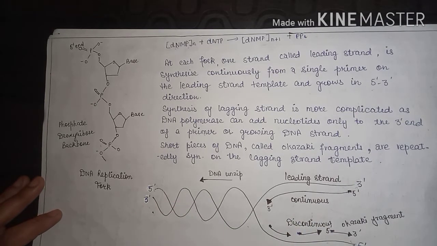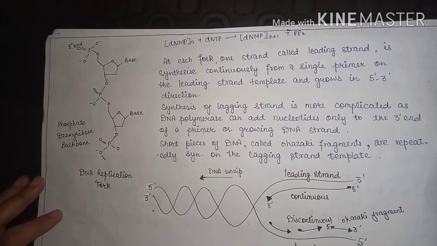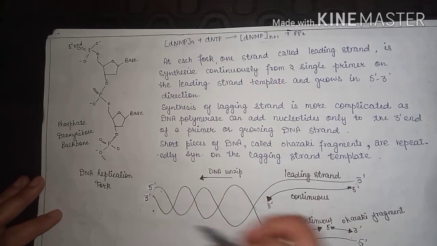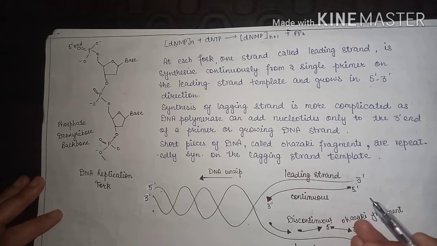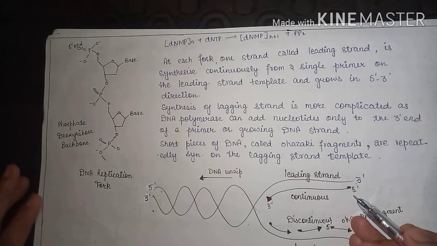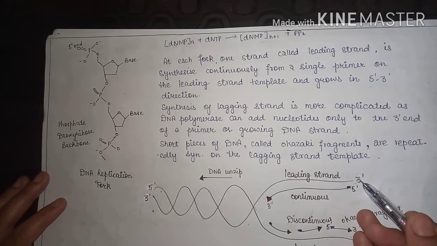These are synthesized repeatedly on the lagging strand template, which runs in the 3' to 5' direction, while the continuous strand is synthesized in the 5' to 3' direction. It is never synthesized along 3' to 5', and the two strands are in opposite directions, that is, 5' to 3' and 3' to 5'.